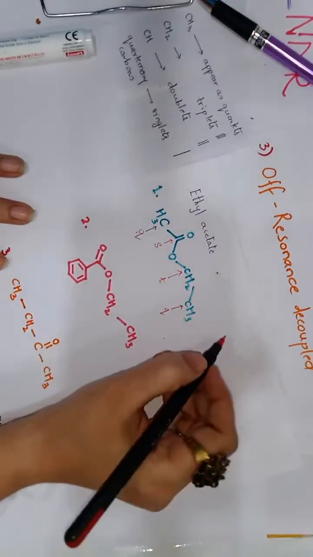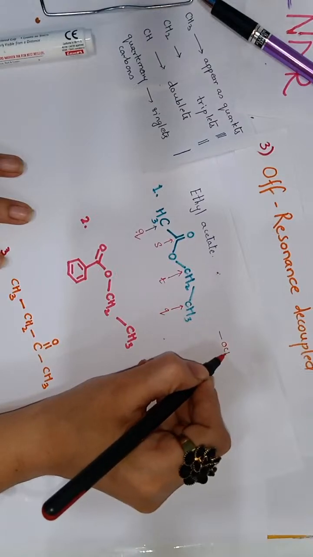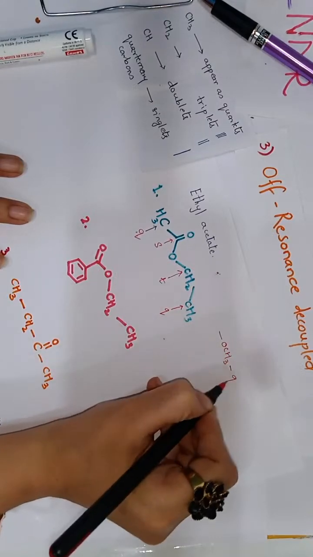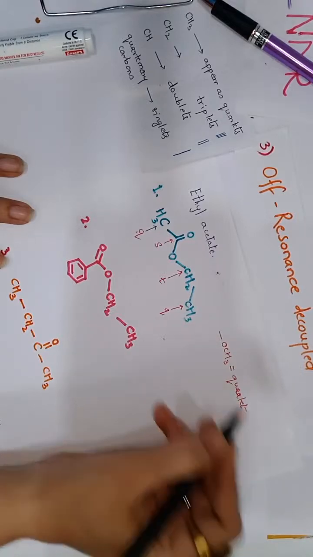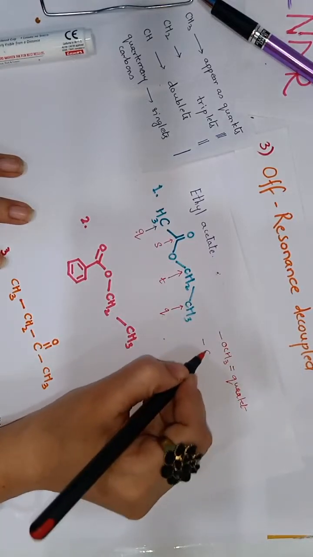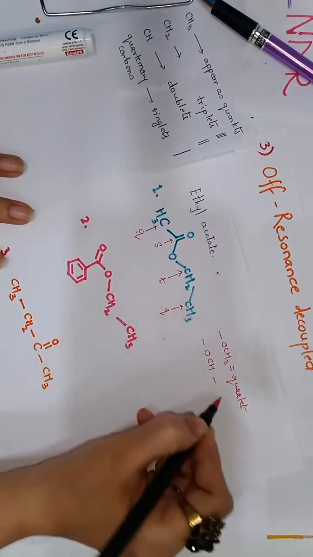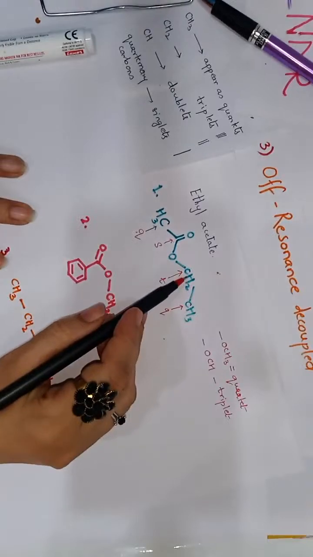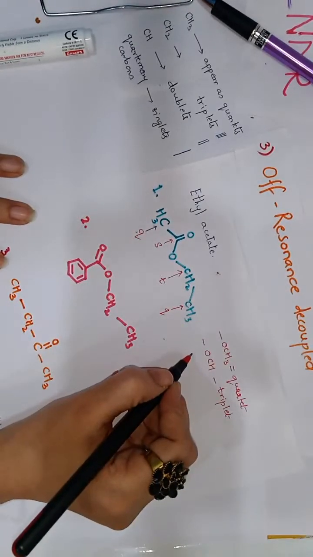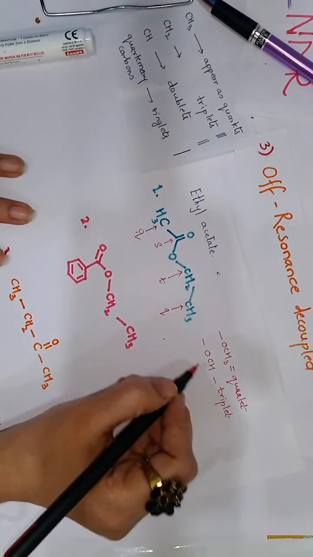So how do we interpret it? OCH3 gives a quartet. OCH2 gives a triplet. I'm sorry.